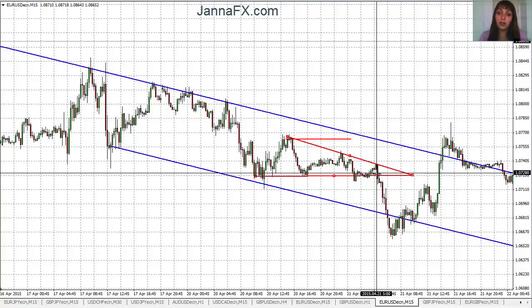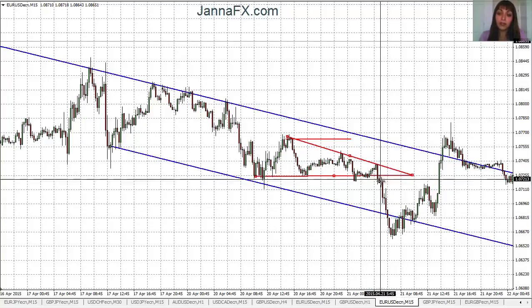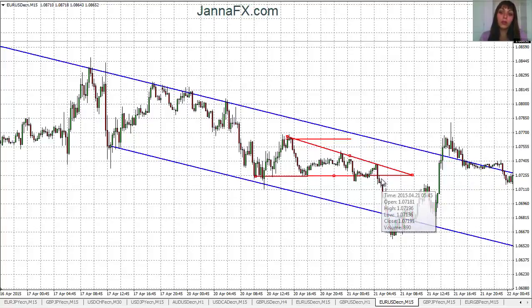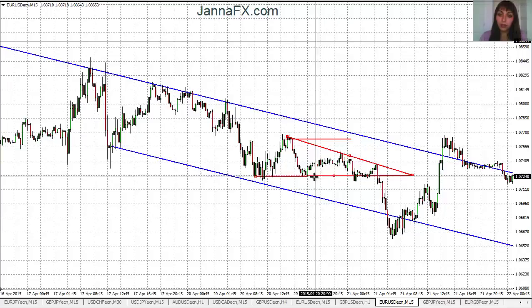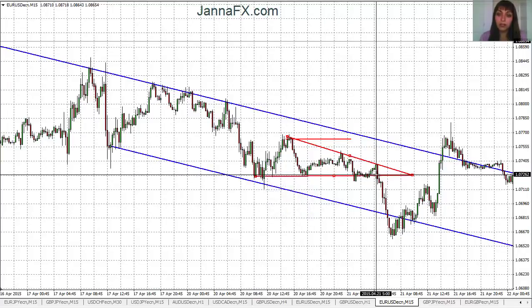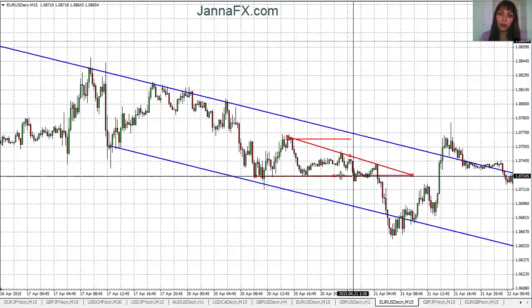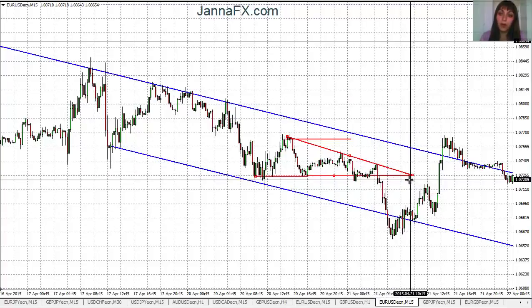And here the next stage is of course where to put your orders, stop losses and profits. So how I do it, it all works the same, whether it's a symmetrical triangle or a descending or ascending triangle. In this one we have a straight line, so I would go closer, of course, to the top.